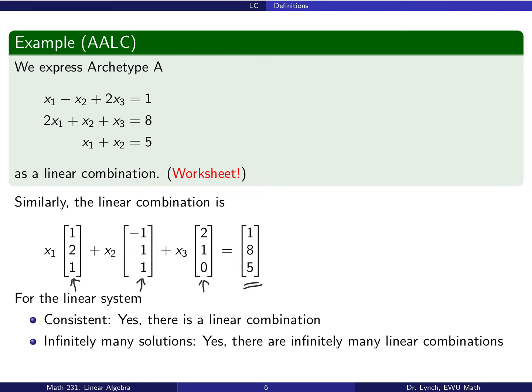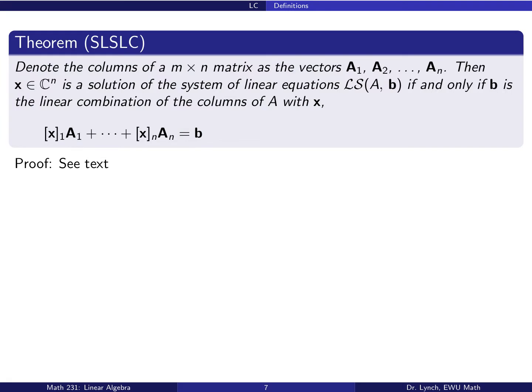And when we say always, there's a theorem. And here's the theorem. Let's suppose that the columns of an m by n matrix A are denoted by a1 out to an. Then x is a solution of the linear system with coefficient matrix A and vector of constants b if and only if b is a linear combination of the columns of A given by those scalars in the vector x.